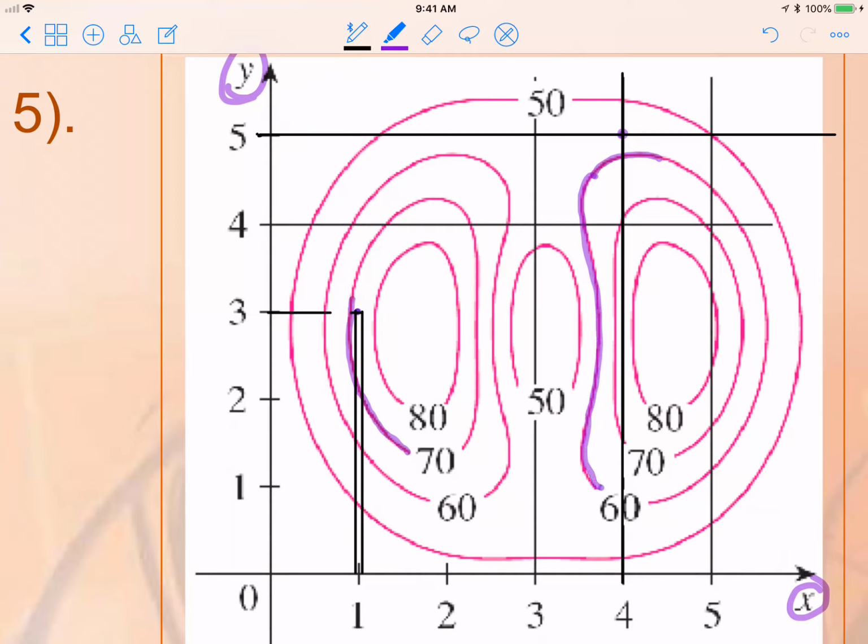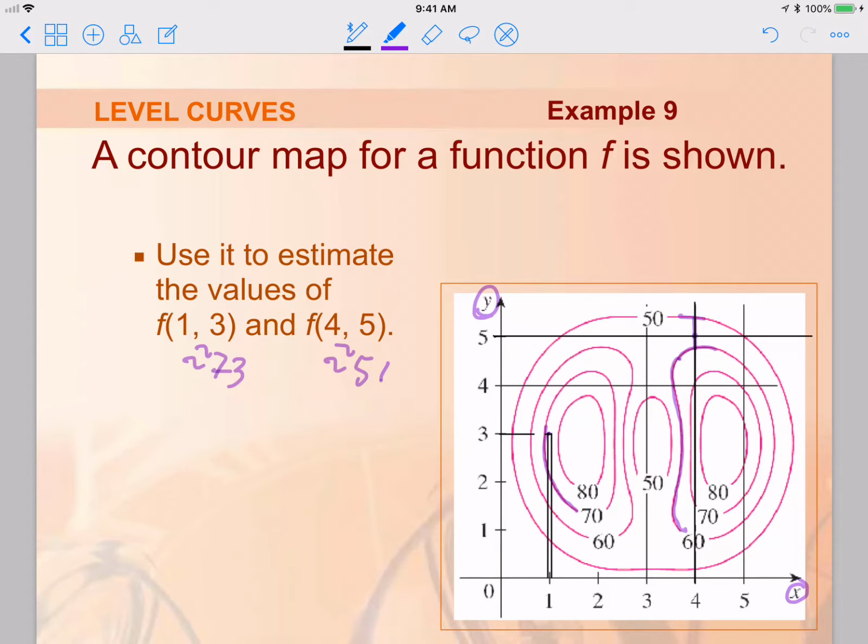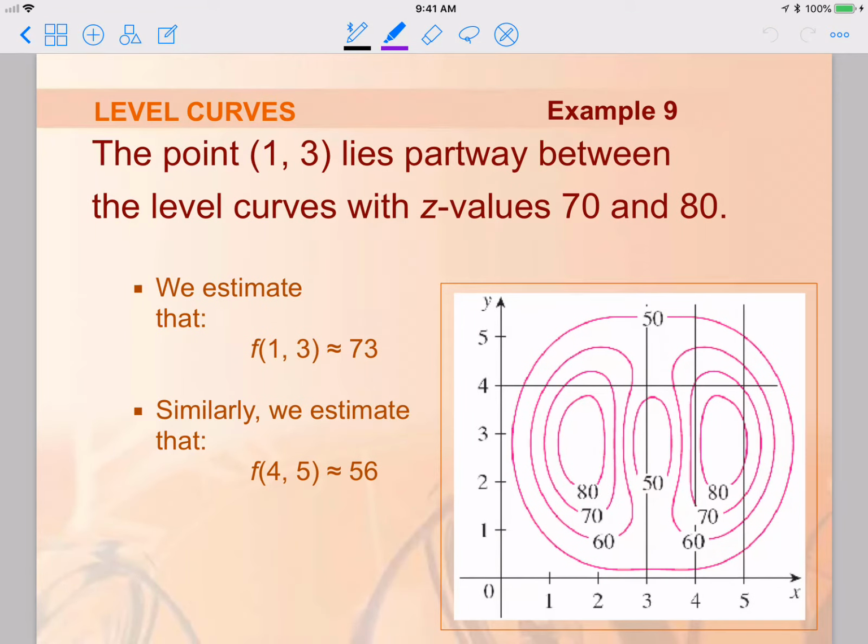I need to follow it. That's a 60, and that's a 50. Maybe I'm a little closer to 60 than 50, so not 55, but maybe 56. It's pretty accurate there.